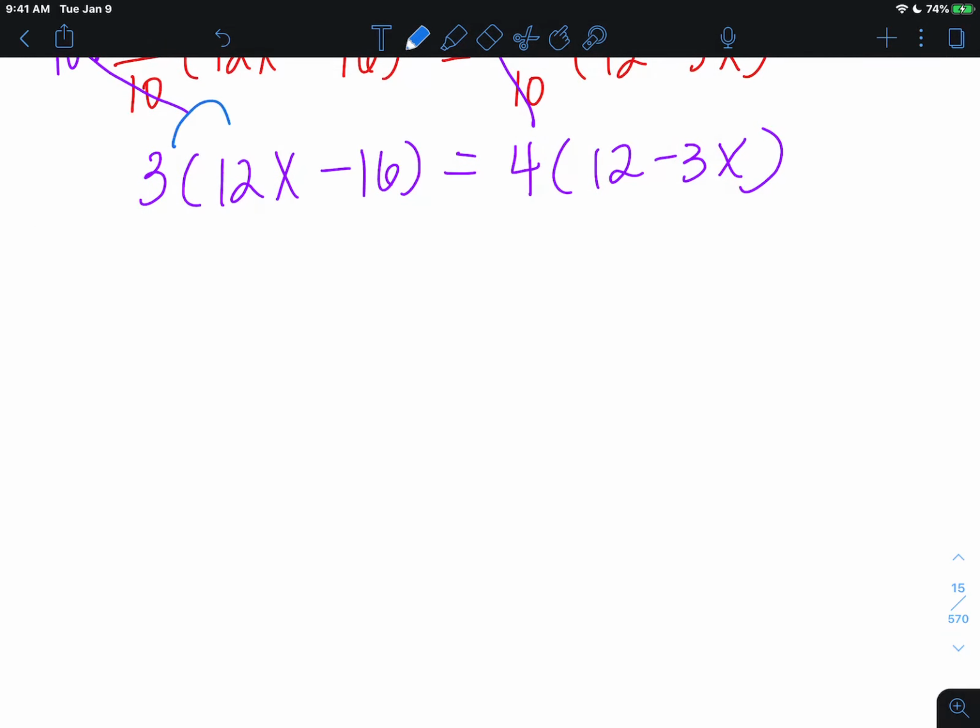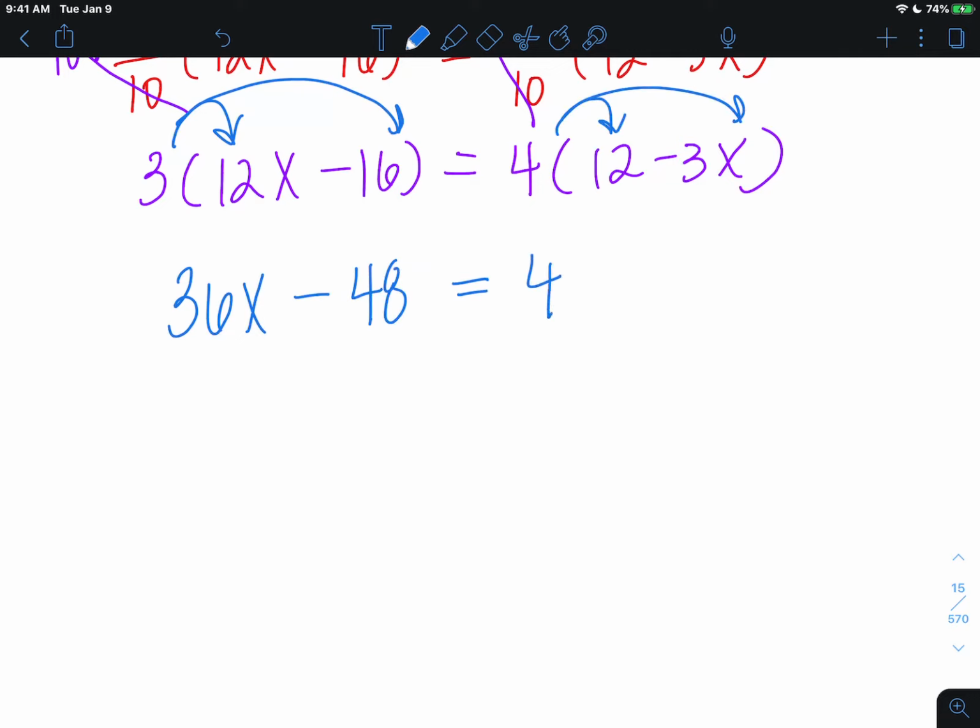So here, I'm going to go ahead and distribute. I'm going to do the same thing over here. Okay. So now I'm at the point where I want to make sure that I don't have x's all over the place. I don't have numbers all over the place.